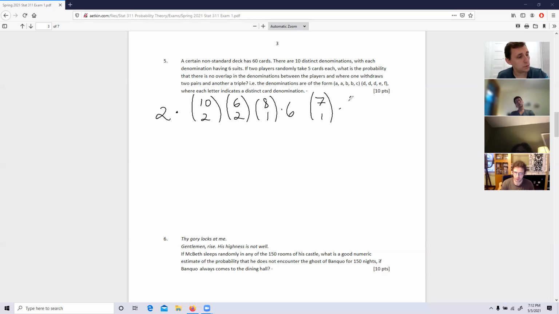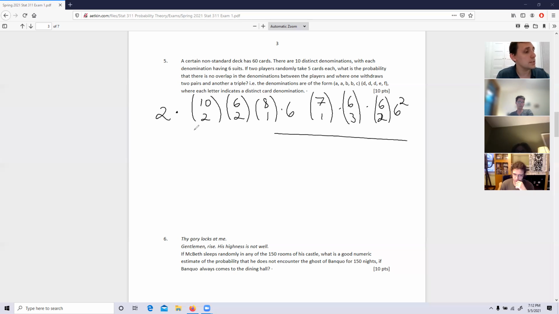I'm sorry, so 6 choose 3 times what remains. Now we have 6 choose 2 for the remaining cards, and the denominations for each of them is 6 and 6, so it's 6 squared.